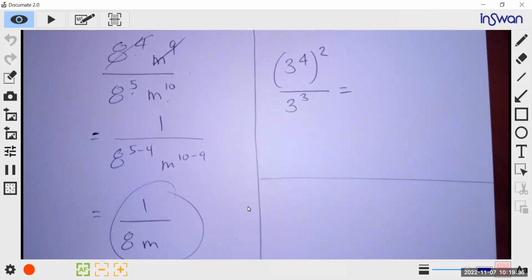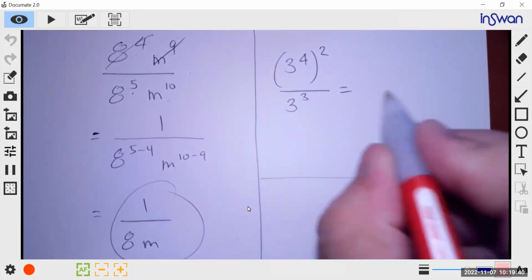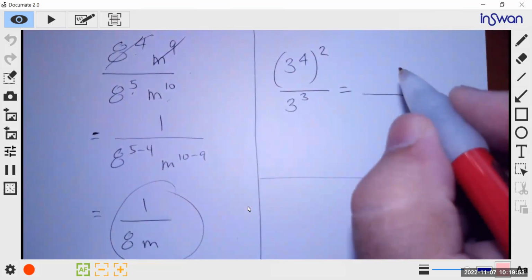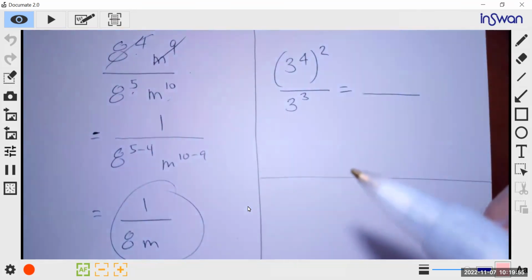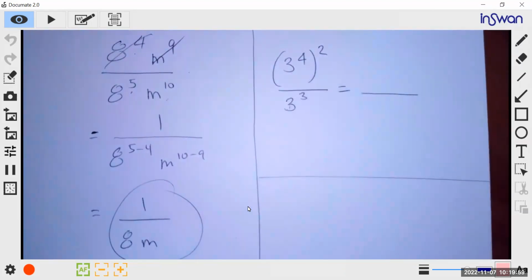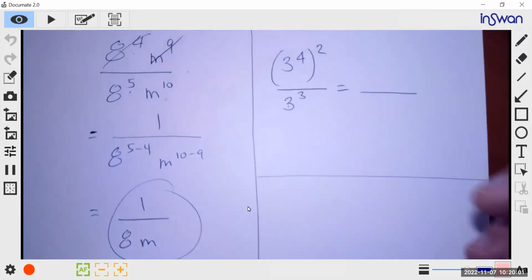You have parentheses. You have to get rid of the parentheses first. What does the top become? No. 3 to the 4th would be 81. But no, since the threes are the same base, let's not multiply. Save that to the very end.